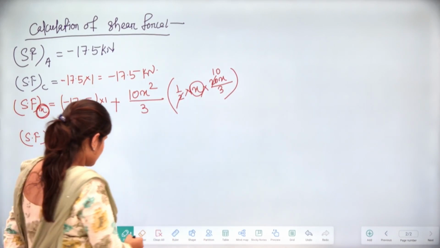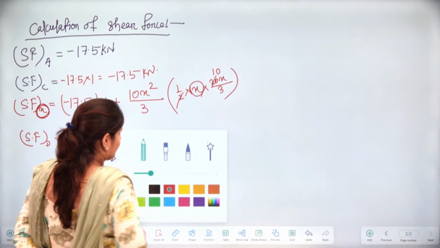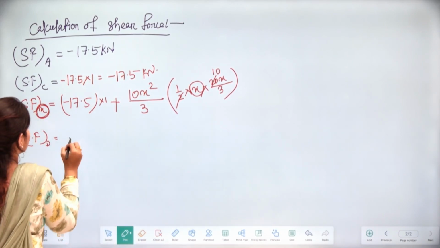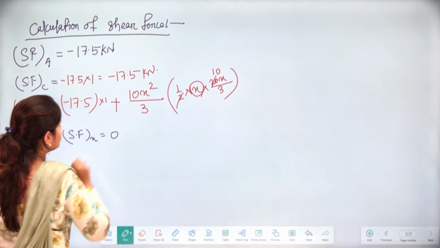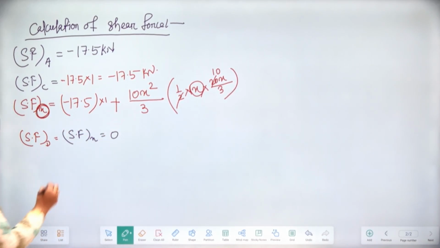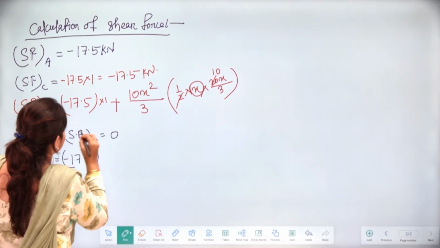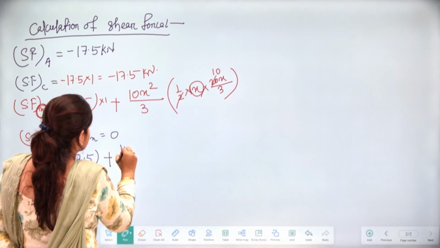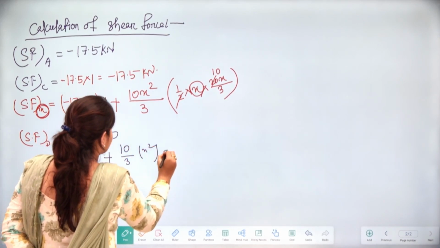So let's do that. Let's put SF at x equal to 0. So it will be minus 17.5 plus 10 by 3 into x square as 0.